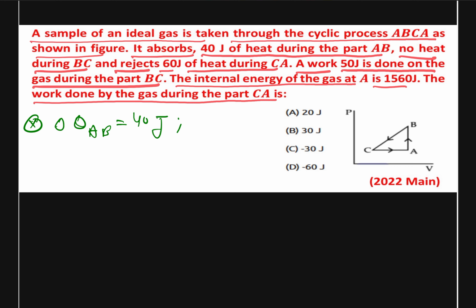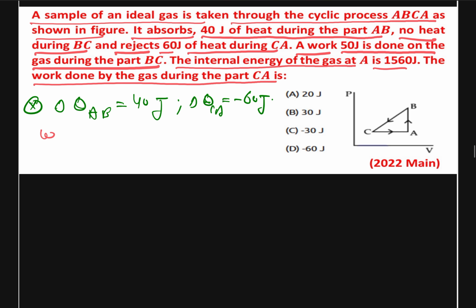Okay, so we can say our delta Q for CA will be equal to minus 60 joules, and work is done on the gas in BC. Okay, so we can say work done during the process BC, and this is on gas, so this will be equal to minus 50 joules, and no heat during BC, so we can say our delta Q for BC is equal to 0.